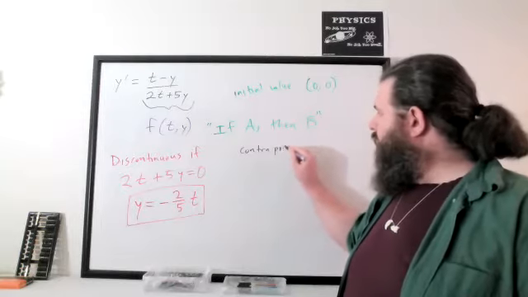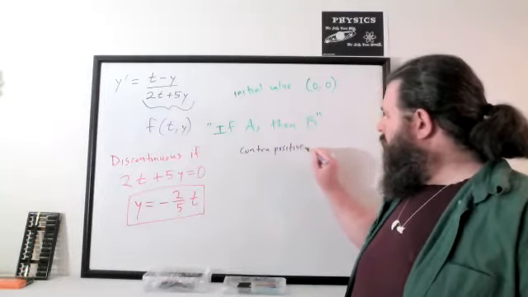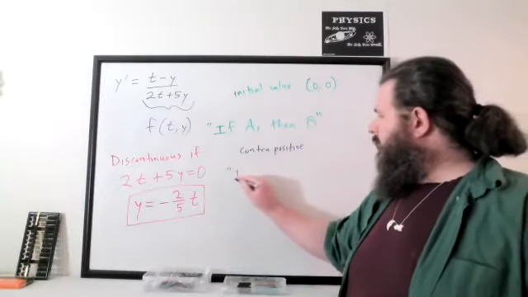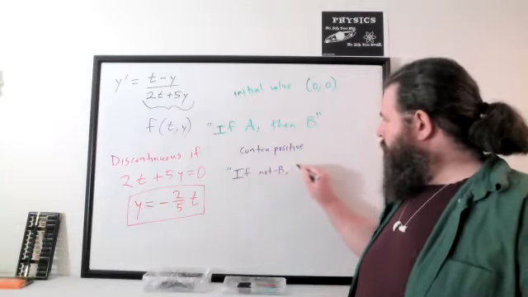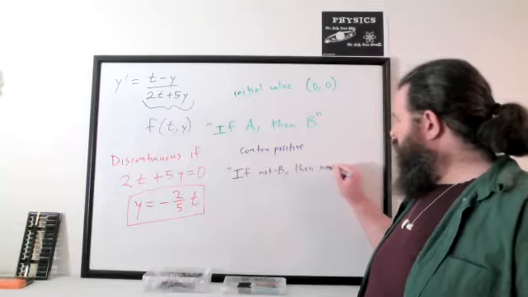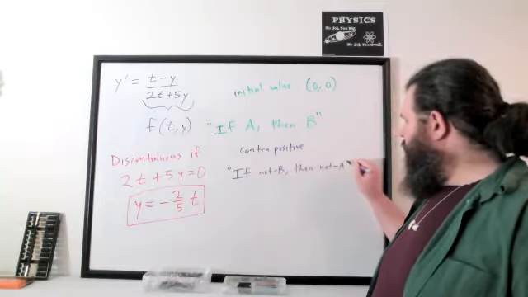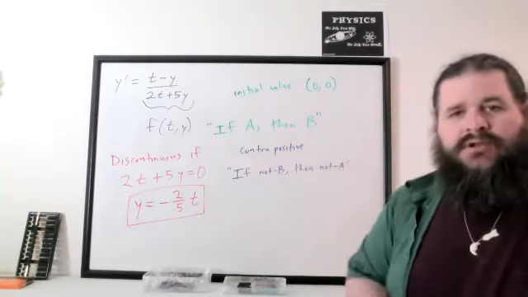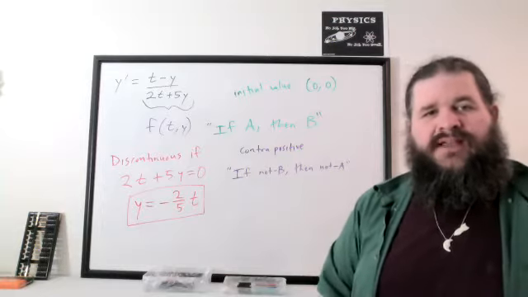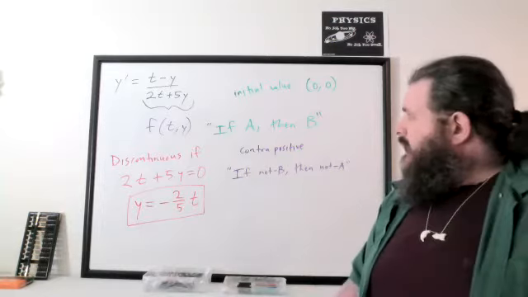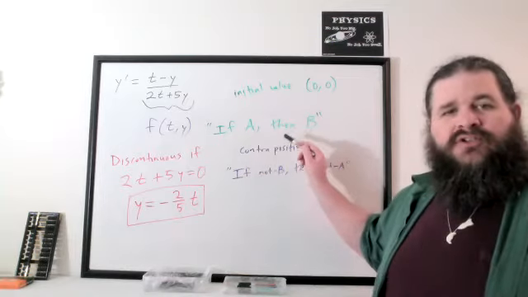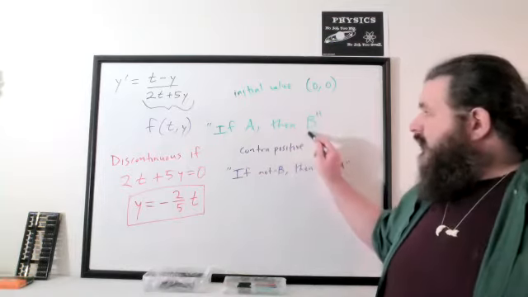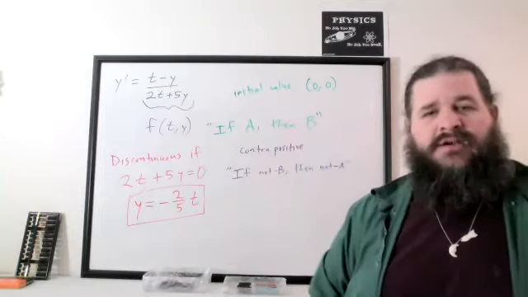The contrapositive of that statement would be: if not B, then not A. And that will also be a true if-then statement. In any situation where you know that if A is true, then B must be true, you also know the reverse of that. If B is not true, then A must also be not true.